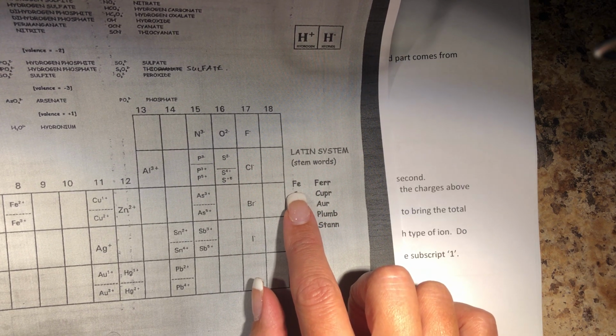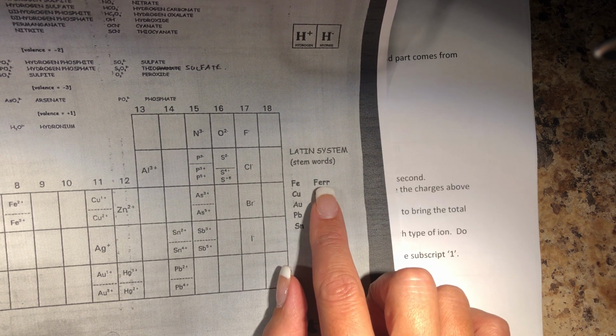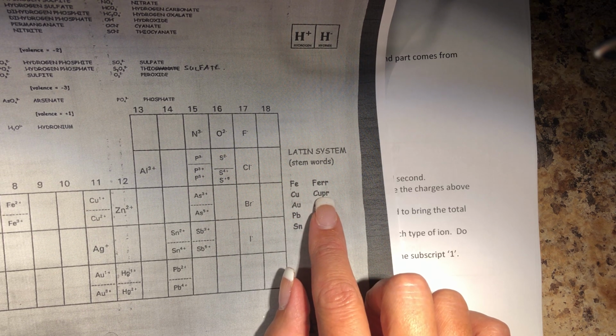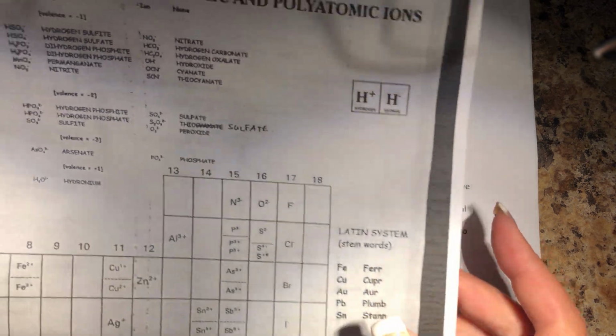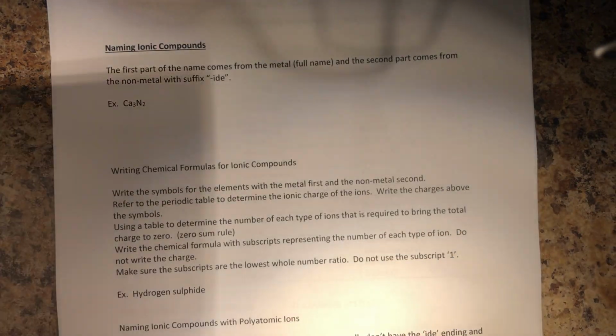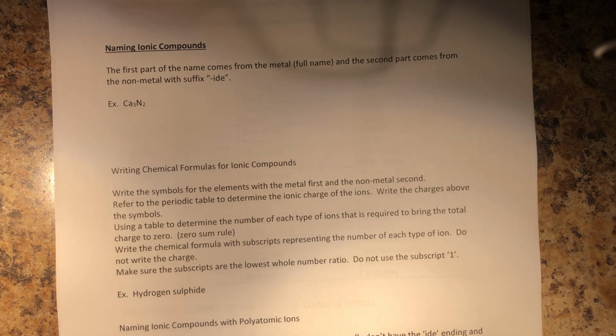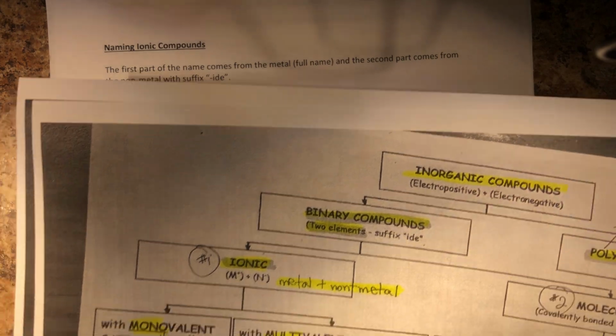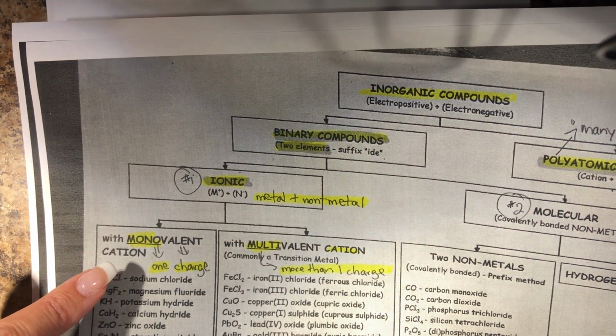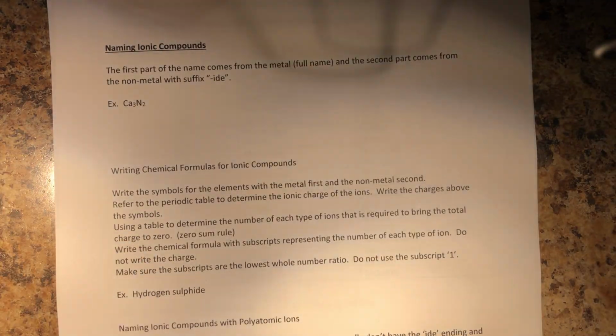So for Fe, iron, we would call it ferr-, Cu, copper, would be cupr-, and so on and so forth. Okay, so you'll need those out with you to help you do these types of questions. So as I said, we're going to start with ionic monovalent cations to begin with.